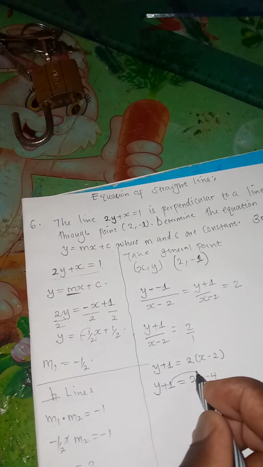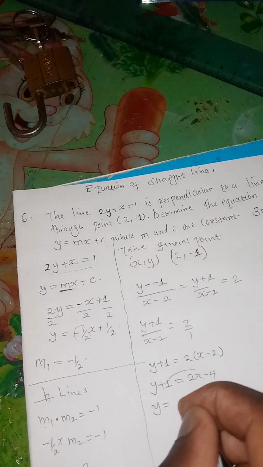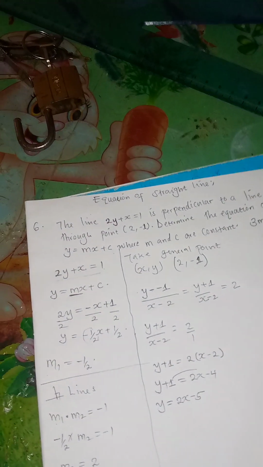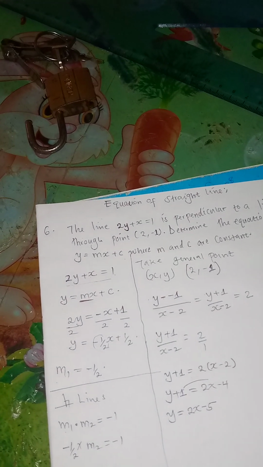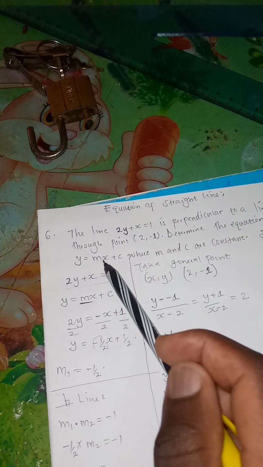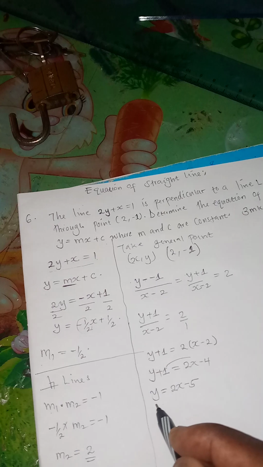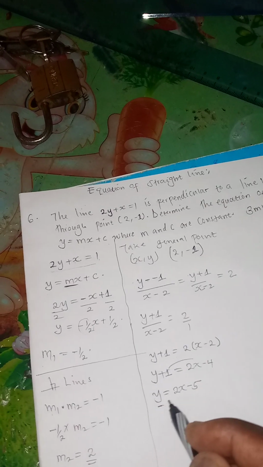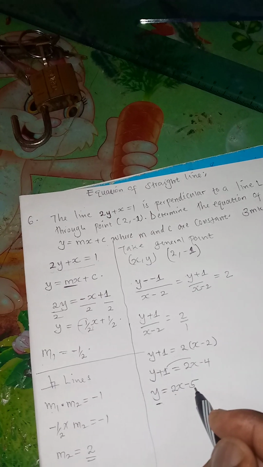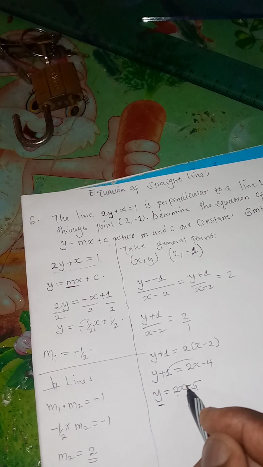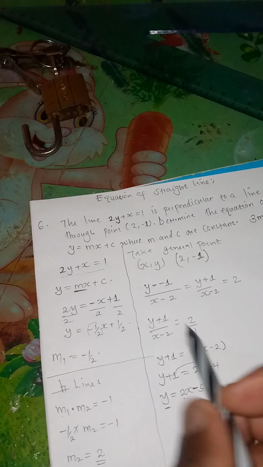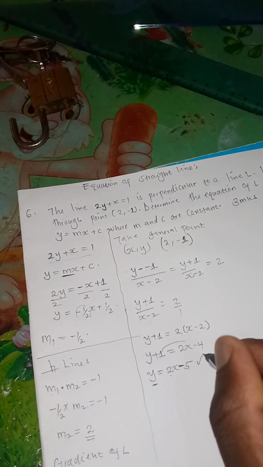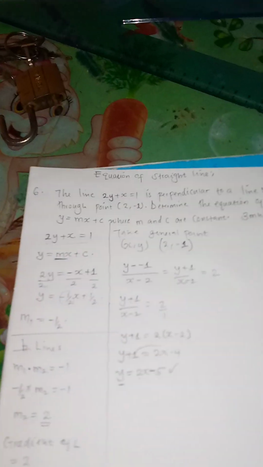We take the 2 to the other side, so y equals 2x minus 4. The question was asking us to determine the equation of L in the form y equals mx plus c. So the equation is y equals 2x minus 4. This one is in that form, so this becomes the equation of line L.